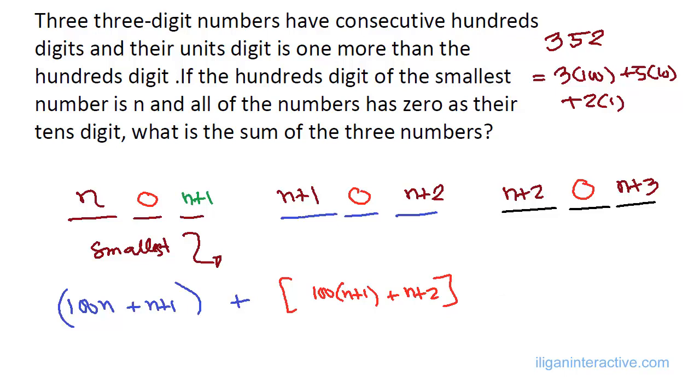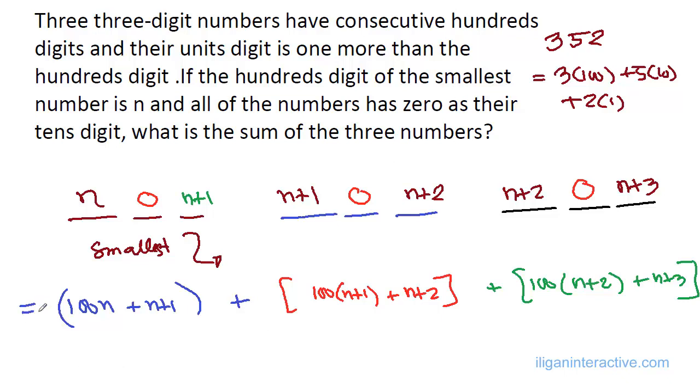And lastly, for the third number, you will have 100 times n plus 2 plus n plus 3. And it's just a matter of simplifying now to get the final answer.